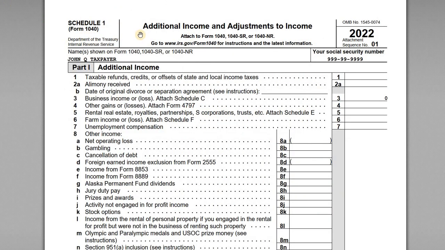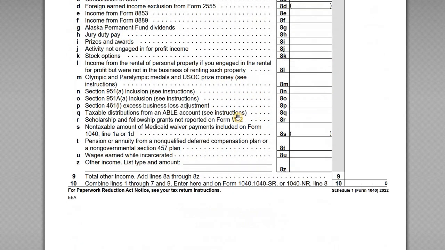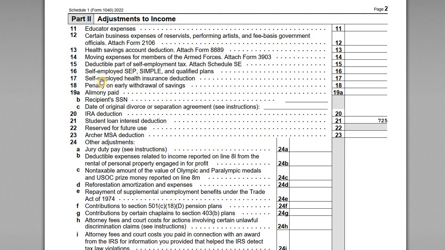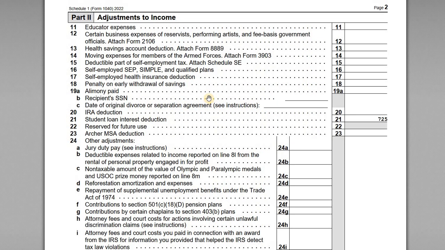So if we're looking at Schedule 1 of our Form 1040, Part 1 is additional income that you might have. And then in Part 2, we have adjustments that lower your income. So things like deductible parts of self-employment tax. We look at traditional IRA deductions, student loan interest deductions, HSA, so health savings account deductions. These are amounts that are subtractions from your income in arriving at AGI.